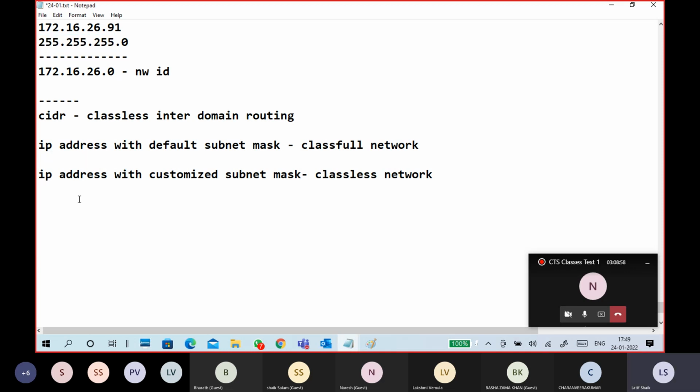So what is CIDR and what is the CIDR method?